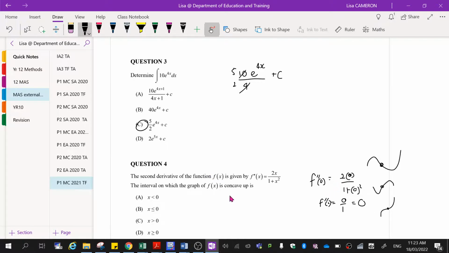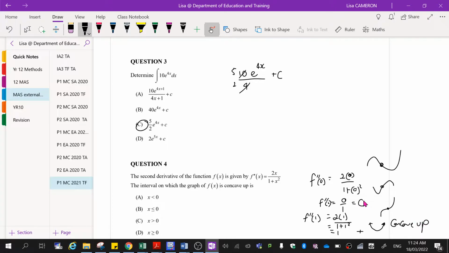So we just need to see what's happening. Let's substitute in positive 1. So 2 times 1 is equal to 2, over 1 plus 1 squared, which is 2 divided by 2, is 1. So that is positive. Remember, when we're positive, that makes a happy face, and when we make the happy face, the arrows are pointing up, so it's concave up.